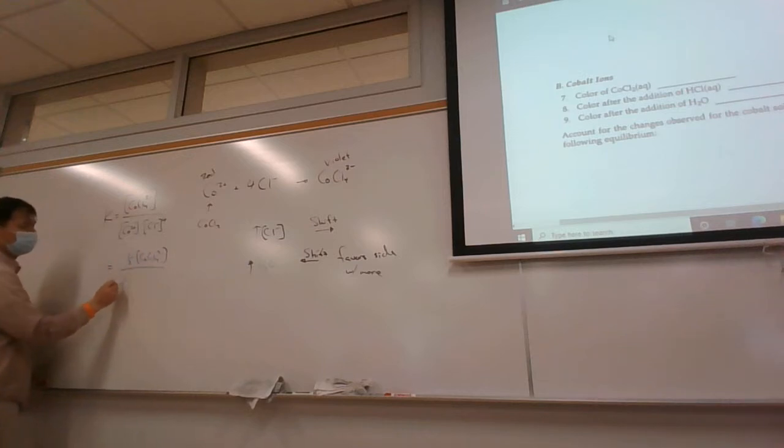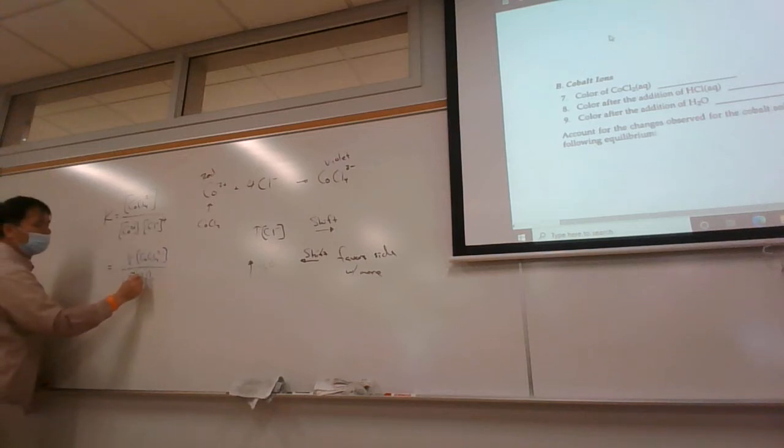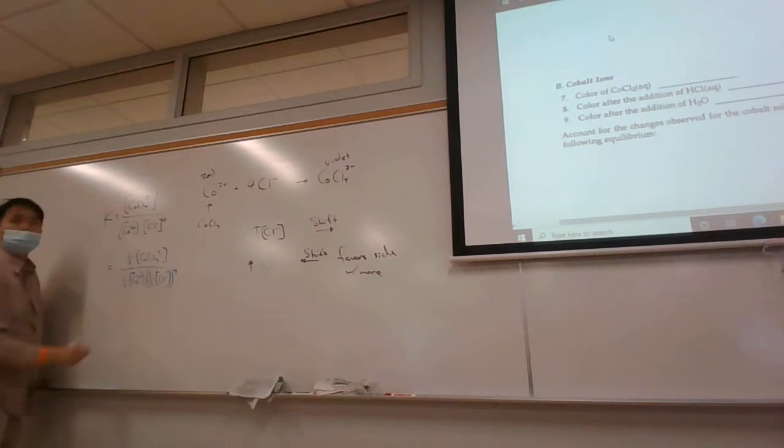And then this is going to be 1/2 times the original concentration of cobalt 2 plus. And then over here, this is going to be 1/2 times the original concentration of the chloride to the 4th power.